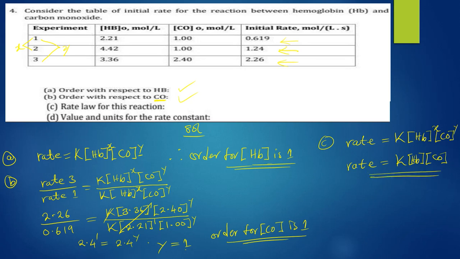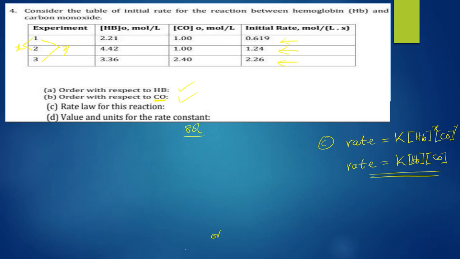And then let me create some space for the last question, for the value of the rate constant. So now let me solve for the rate constant. So here now D, you just have to write the general rate law for this reaction, so that we can make the rate constant k the subject of the formula.